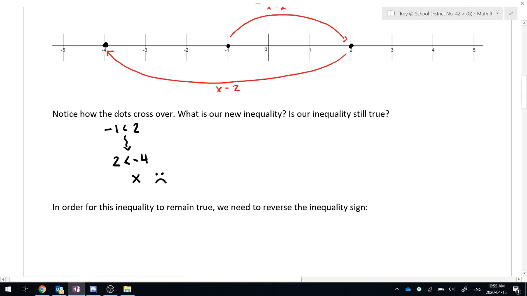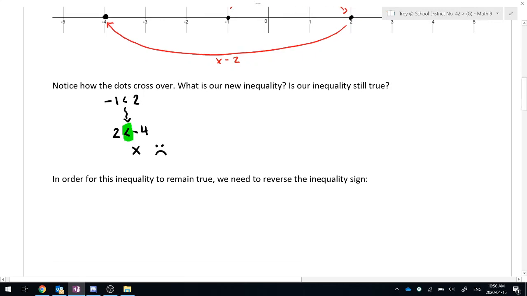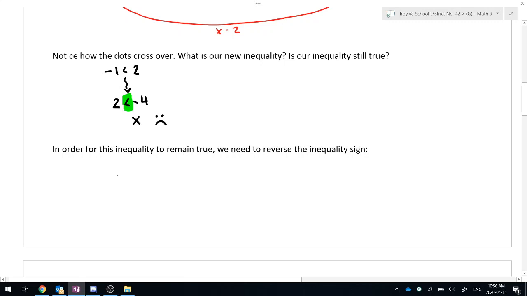What would make it true is if we took our inequality sign and flipped it. If we flipped our inequality sign, that would make this expression true. Okay? So we take 2 is less than -4, and it becomes 2 is greater than -4, which of course now is true.